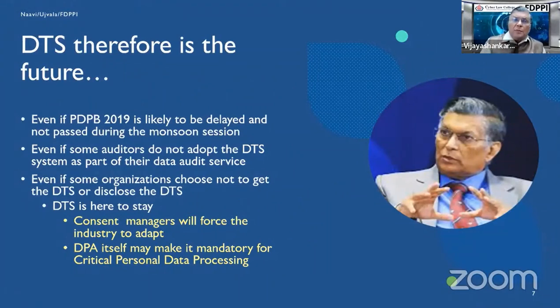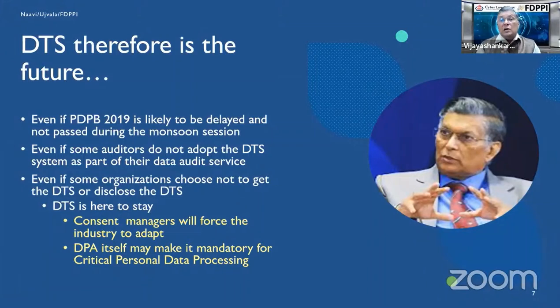And even if PDPB 2019 is likely to be delayed, not passed during this monsoon session, even if some auditors do not adopt the DTS system for whatever reasons of their own, even if some organizations choose not to disclose it, DTS as a system which measures the data protection compliance is here to stay, and consent managers will definitely force the industry to adapt to this new norm.